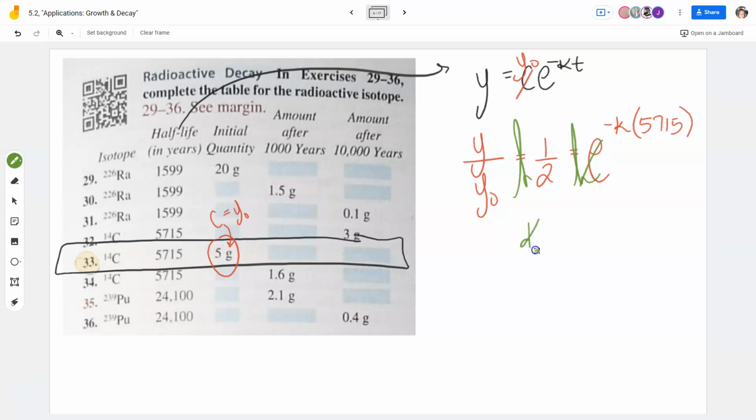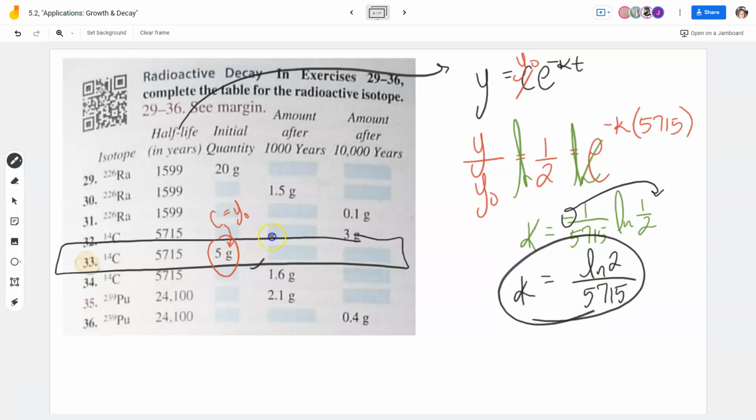And I can say my k is equal to, let's see, negative 1 over 5,715 ln of 1/2. Or some of you in chemistry would have just memorized, bringing this negative up to be an exponent, ln of 2 all over 5,715. I can take that and I have my final equation.